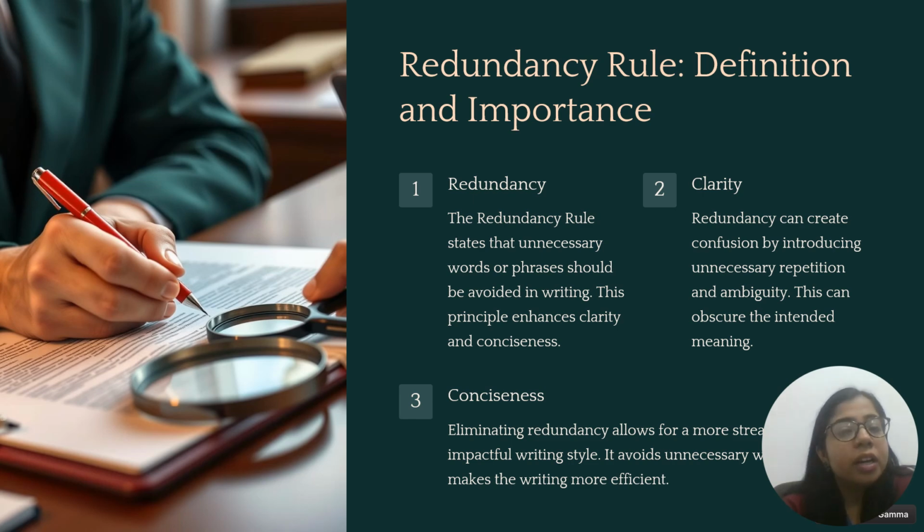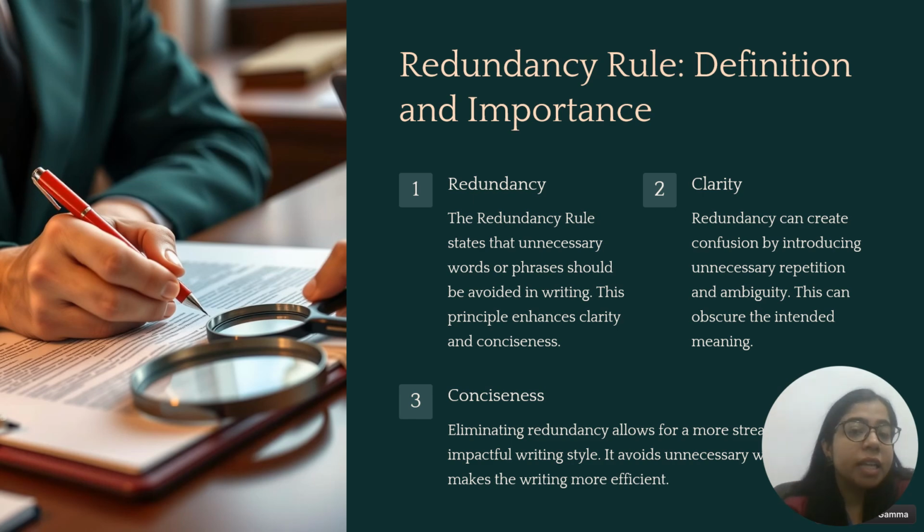Redundancy can create confusion by introducing unnecessary repetition and ambiguity. This can obscure the intended meaning. So with unnecessary repetition, the sentence will be more wordy and it will be more confusing. The main meaning will be hindered. Last is conciseness.